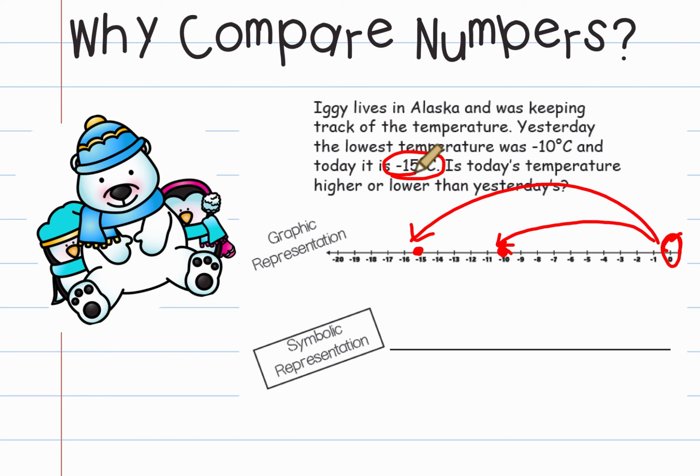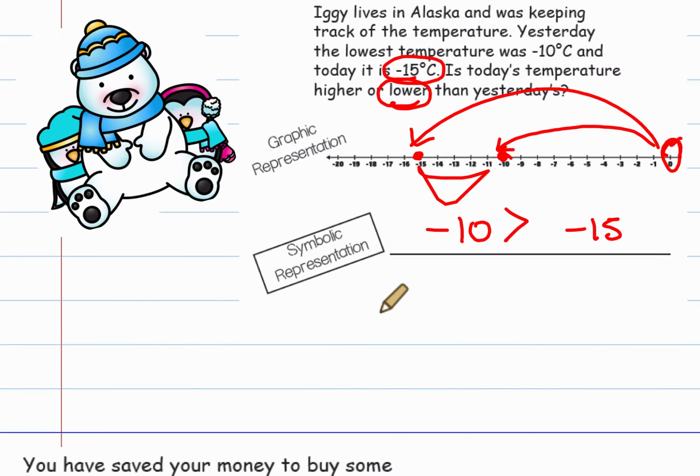So that means today's temperature was lower than yesterday's, and specifically by 5 degrees. So if I was to write that symbolically, I'm comparing -10 to -15. Was -10 greater than, equal to, or less than -15? Well, we figured out that it was greater than -15. And so comparing numbers helps us make decisions.